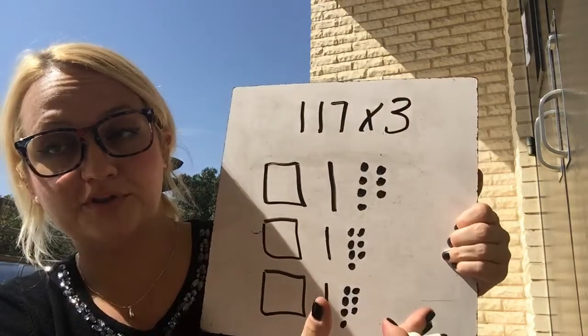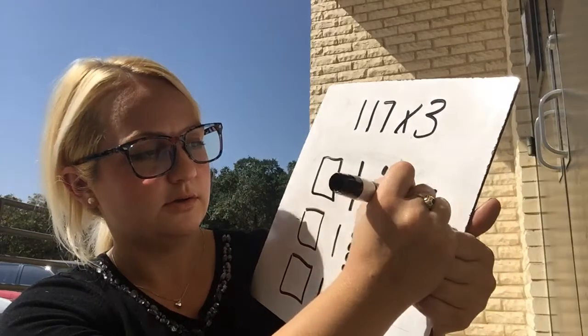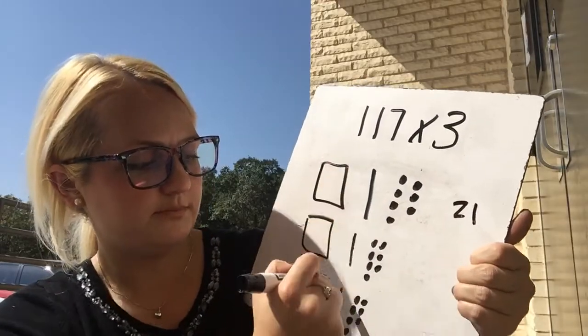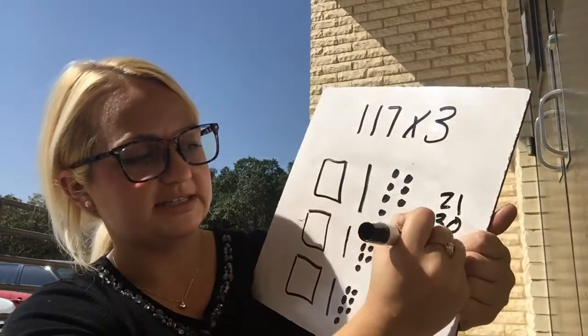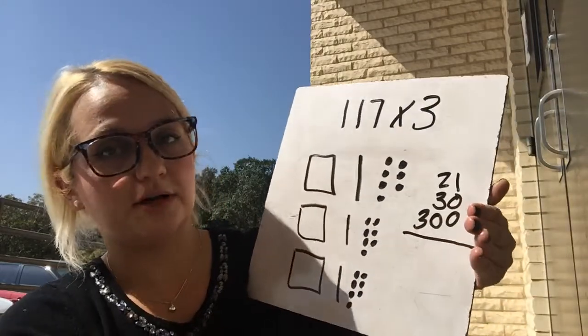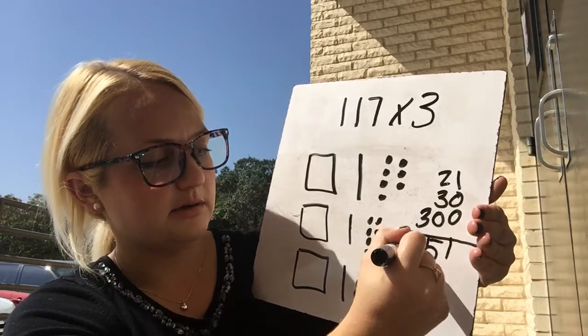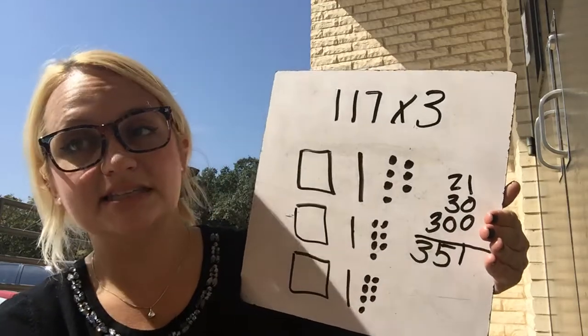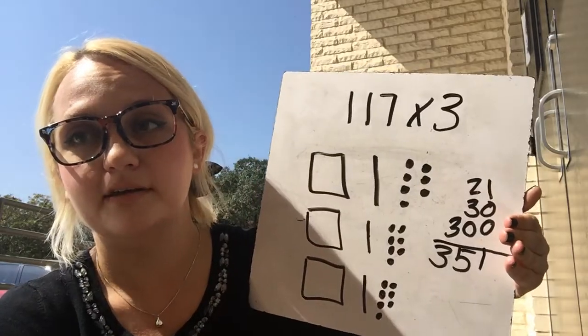So put this into our partial products. 21, 30, and 300. It's the same thing that we did for our other one. 21, 30, and 300. Your answer is 351. It's the same answer because it's the same problem. We just solved it in a different method.